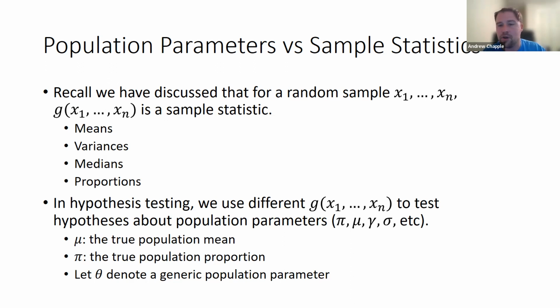So these population parameters are indicated by different things. You might see pi, mu, gamma, sigma, whatever. So for example, mu is the true population mean. In the example that we're talking about, kids growing from 7 to 8 years old, we assume that there is some true average rate in real life, like it's decided by God or the universe or whatever.